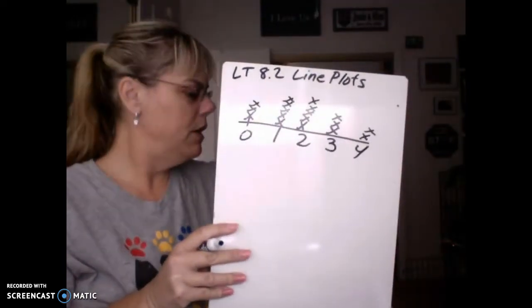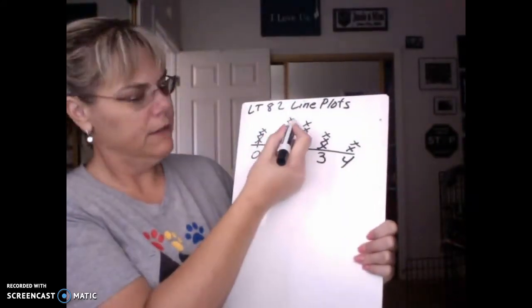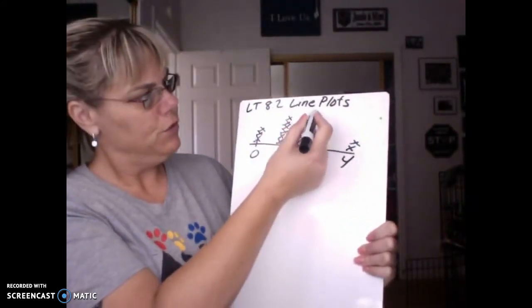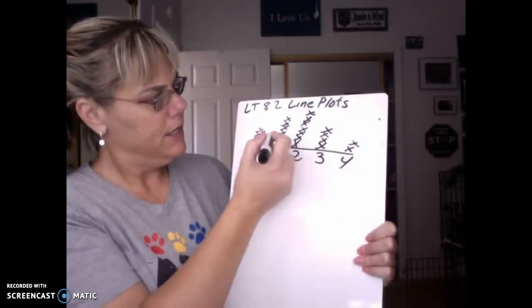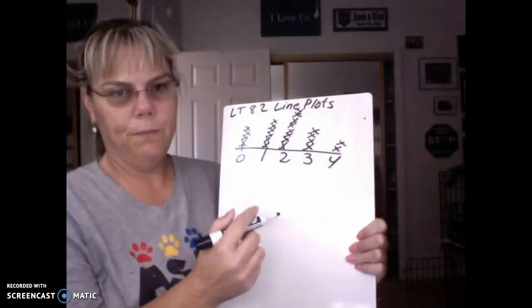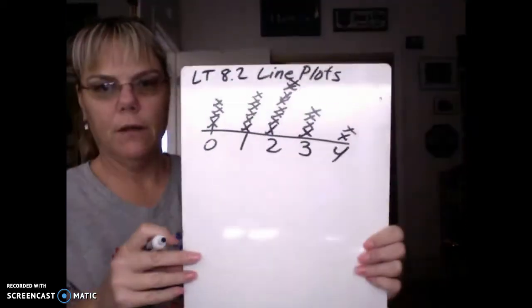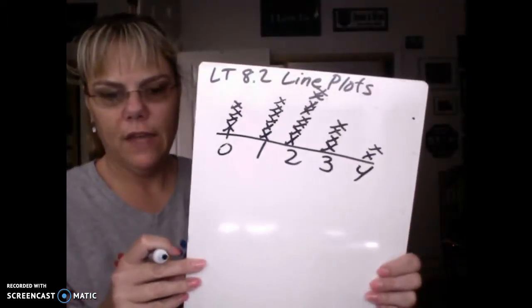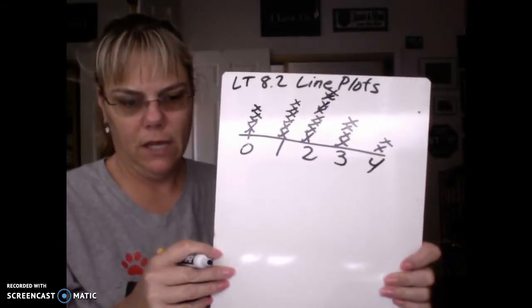Then my next row is 1, 2, 2, 3, 0, and 2. Make that X a little bit better. Okay? So that is my line plot and how to make a line plot.